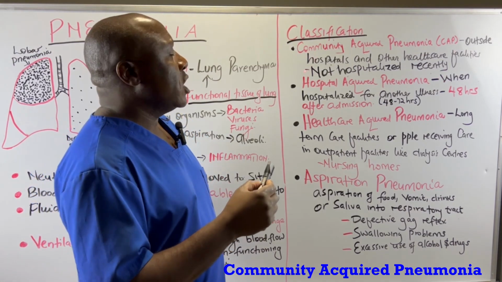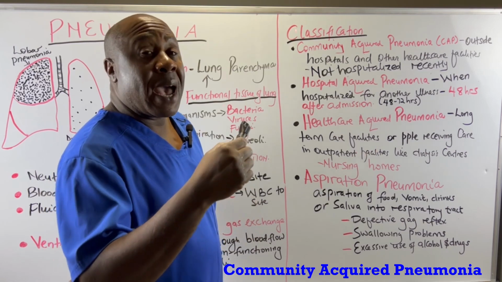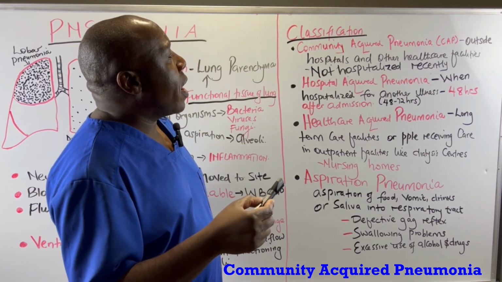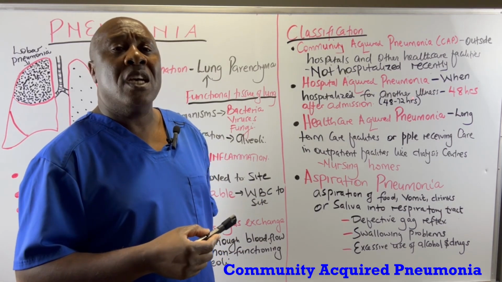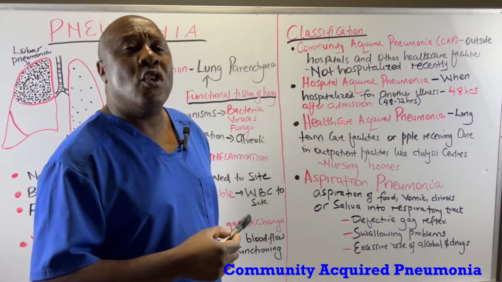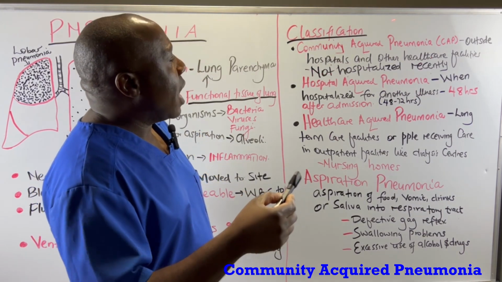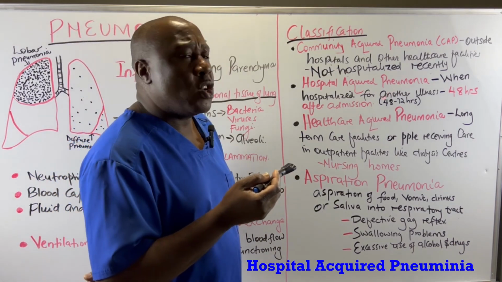If you contract pneumonia outside a hospital or outside a healthcare facility, then that is referred to as community-acquired pneumonia. This is pneumonia found in people who have not recently been hospitalized. So that's community-acquired pneumonia.